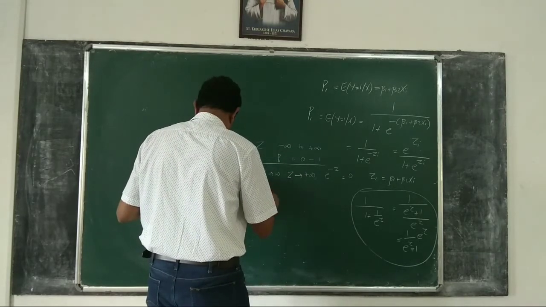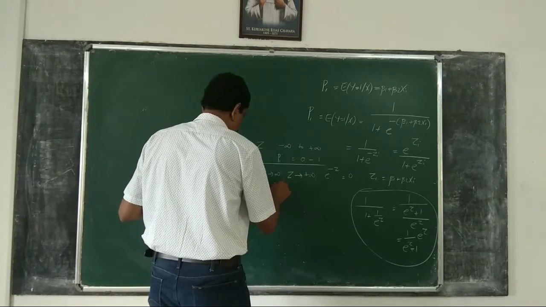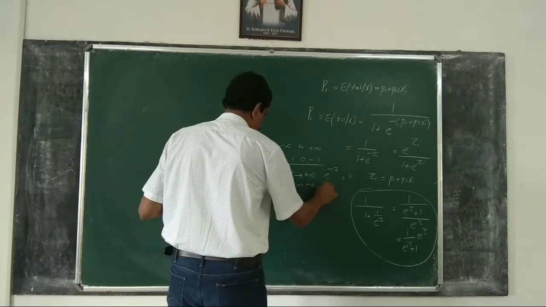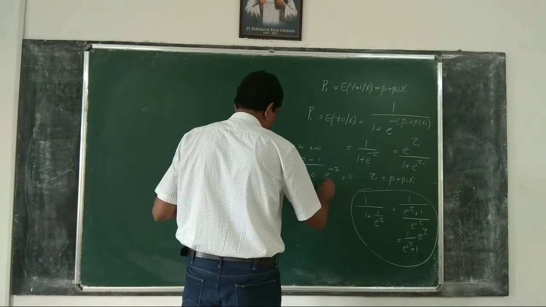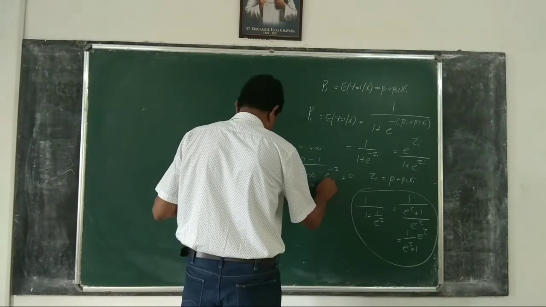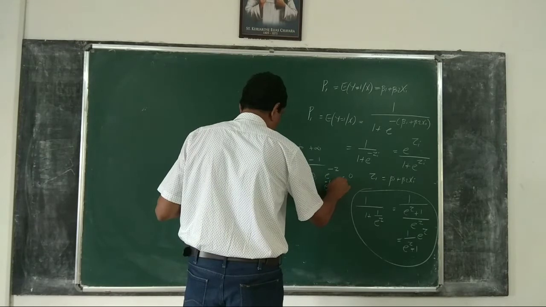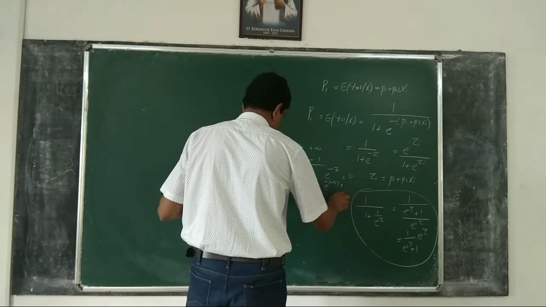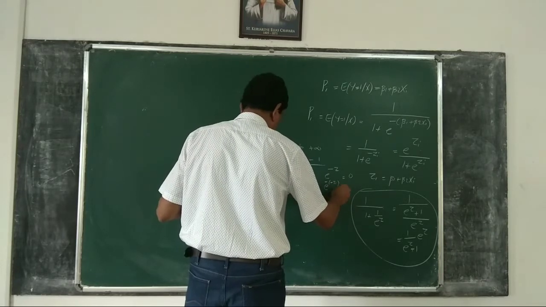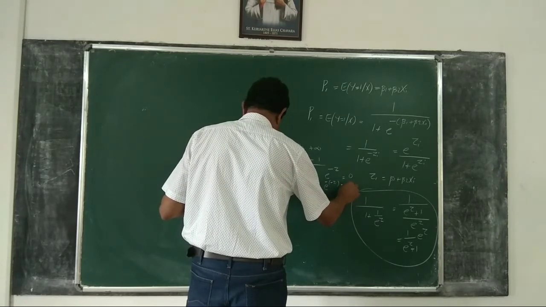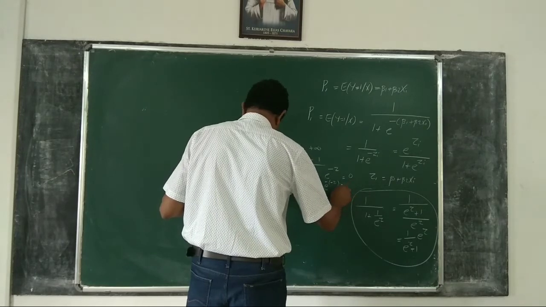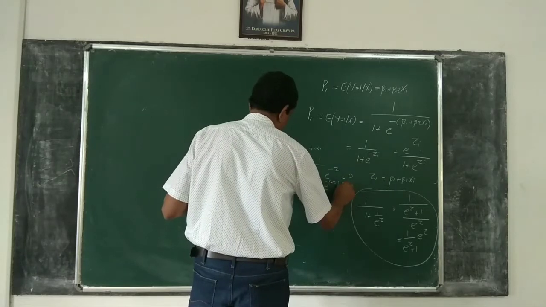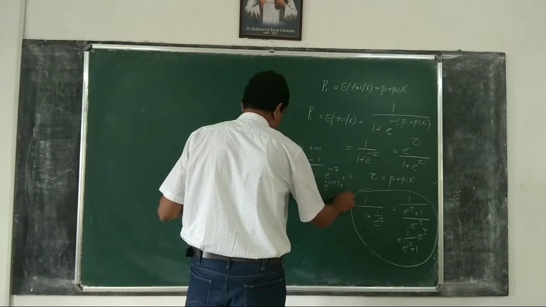Similarly, as x approaches minus infinity, z approaches minus infinity, e raised to minus of minus z, that is e raised to z, increases indefinitely so that p approaches 0.